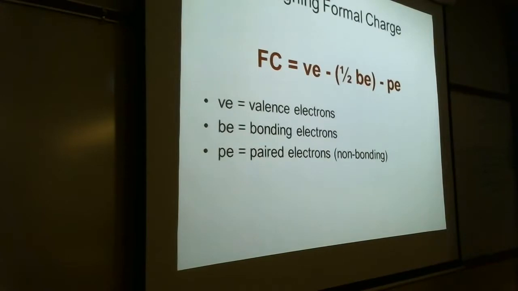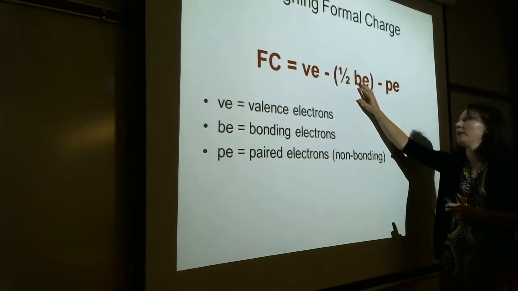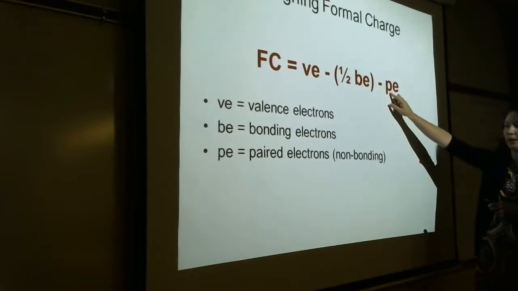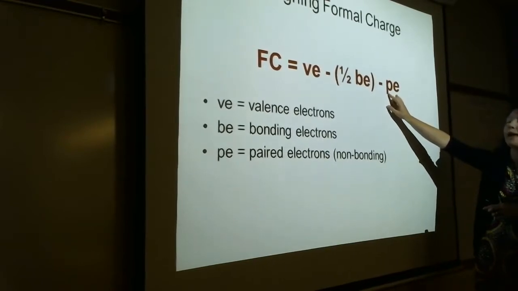Okay, so here's the formula for formal charge. I represent that as FC, because formal charge is just a long word. FC is equal to valence electrons. How do you know how many valence electrons an atom has? Periodic table, right? So valence electrons minus 1/2 of the bonding electrons. These are electrons that are in bonds. Minus the paired electrons, so these would be non-bonding electrons, those would be lone pairs.